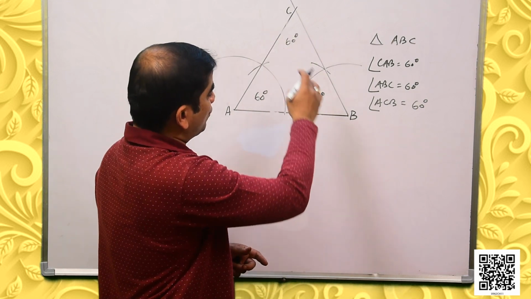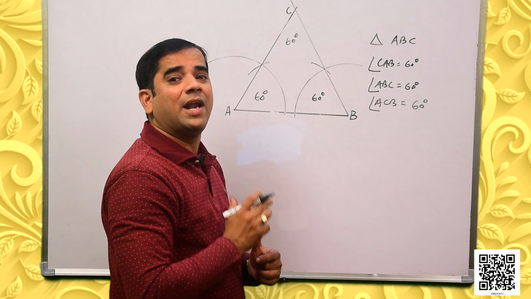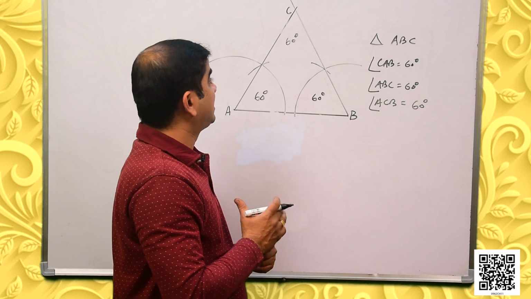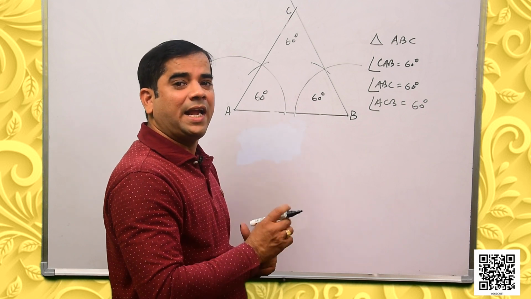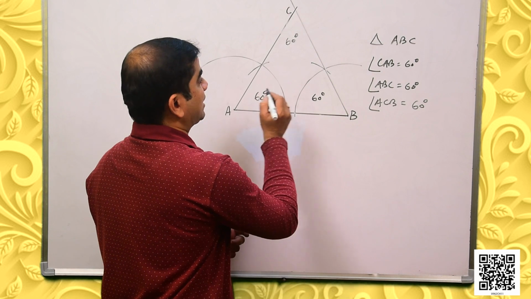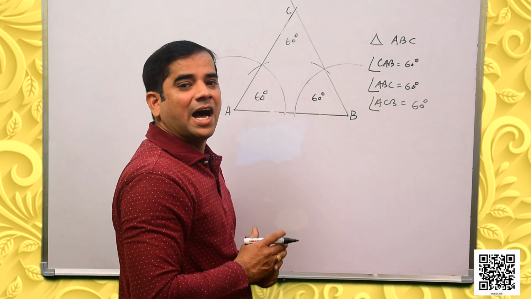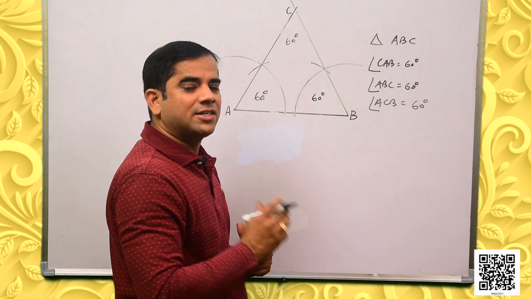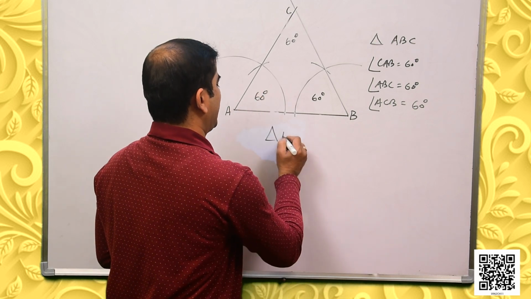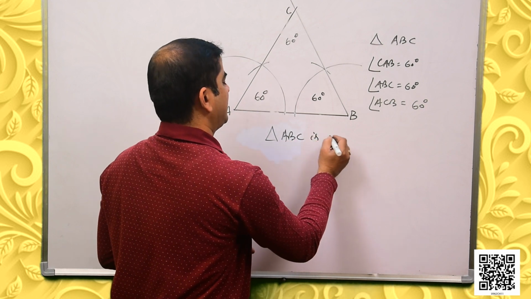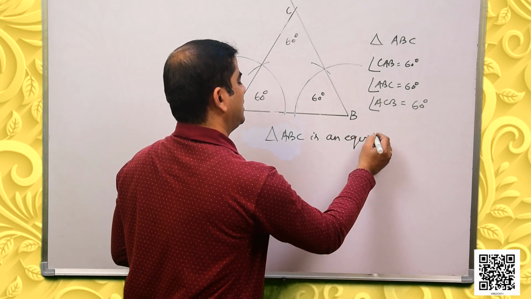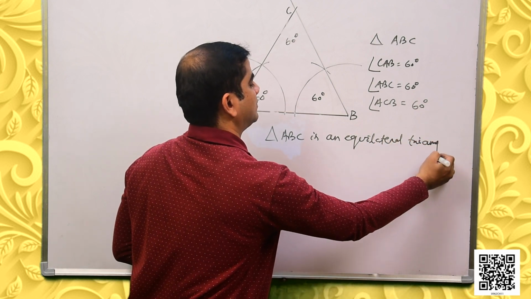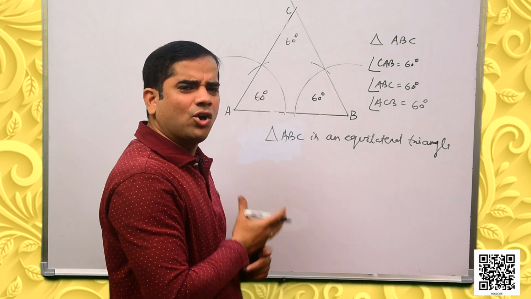That means now we have constructed an equilateral triangle, because we know that an equilateral triangle has 60 degree as all the three angles. So, here the three angles of the triangle have value of 60 degree. So, this is an equilateral triangle. So, we can say that triangle ABC is an equilateral triangle, and you can do it by yourself.